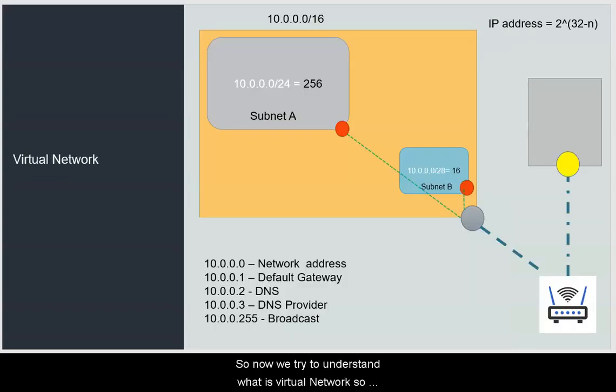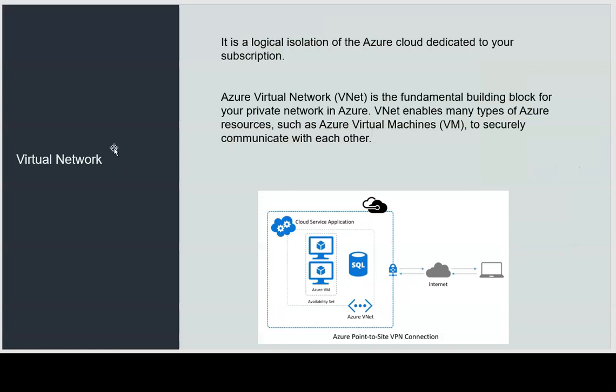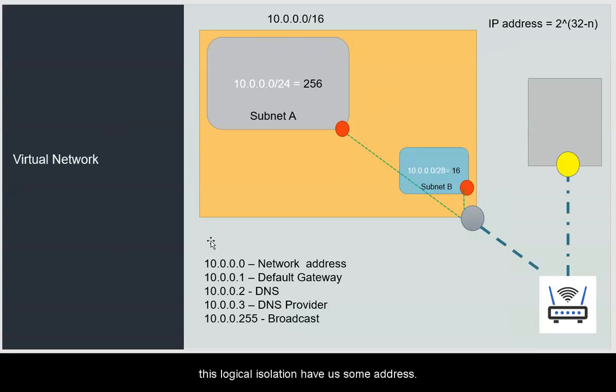Now we try to understand what a virtual network is. As we know, it is a logical isolation. This logical isolation has an address, and the entire set of resources will lie in it.